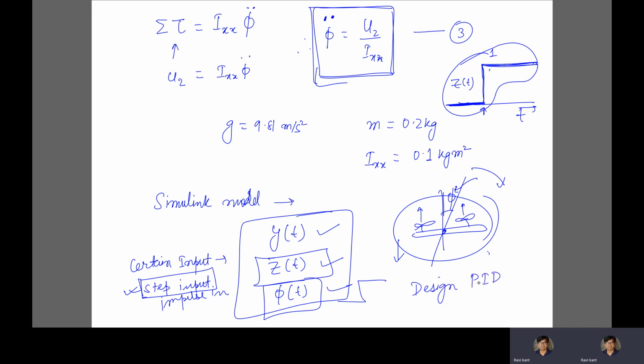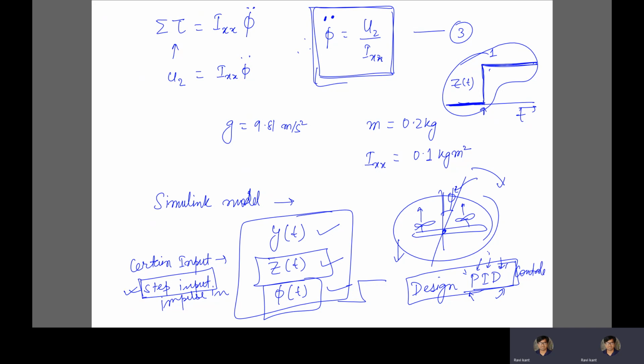PID controllers. Actually, we cannot finish everything in this lab in one hour, but I'll give you a brief overview of what these PIDs are. The full form of PID is proportional, integral, and derivative control.